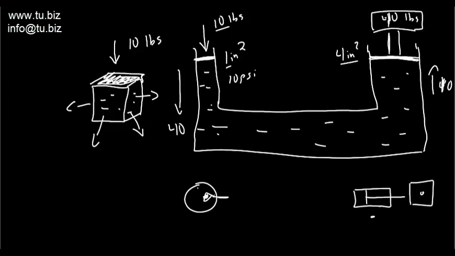And now you can apply pressure, you can apply flow, you can vary the size of the cylinder. You can put a bigger or smaller cylinder. And the pump is going to give you X amount of pressure, X amount of GPM. You have PSI, you have GPM, gallons per minute.